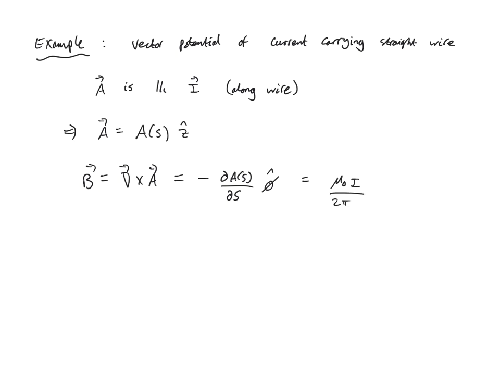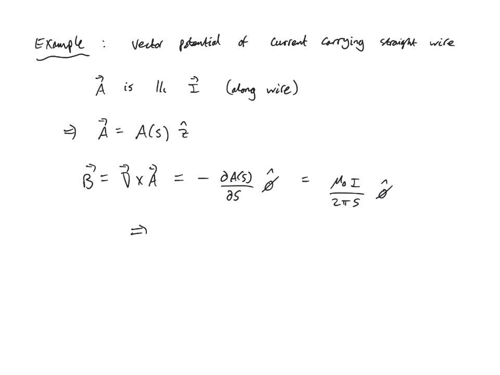And from our previous calculation of the magnetic field using Ampere's law, due to a 1D wire carrying a current I, we can write it like this. And that's mu naught I over 2 pi s is equal to the derivative of A with respect to s.